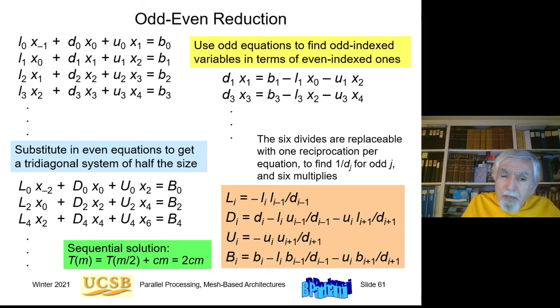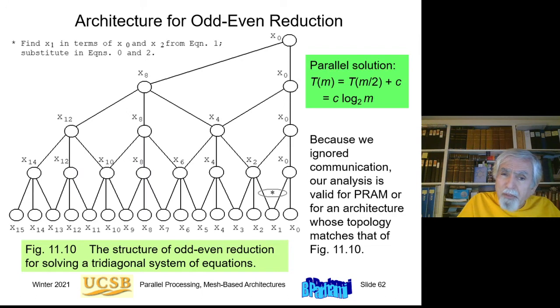Okay, if I were to implement this on a parallel processor, this would be the ideal connectivity for the nodes. So at the bottom, you see the 16 equations. Each of these circles at the bottom holds one of those equations. So this one has x0 as the middle variable, this one has x1 as the middle variable, and so on. So this one has an odd index variable.